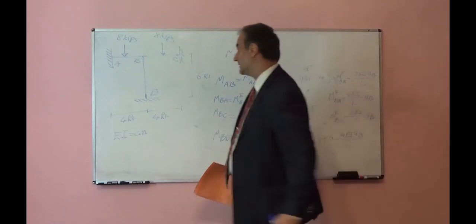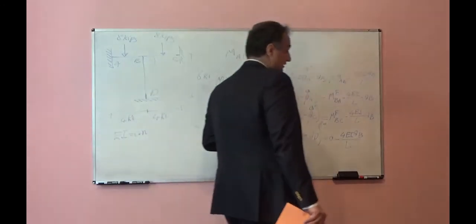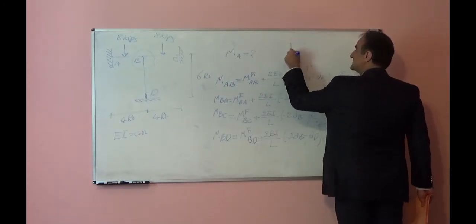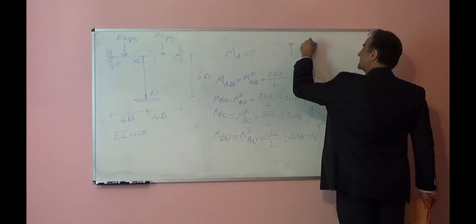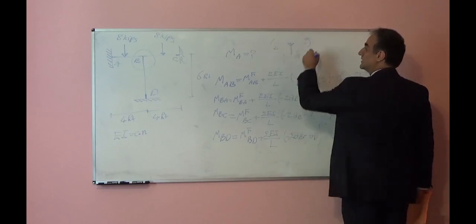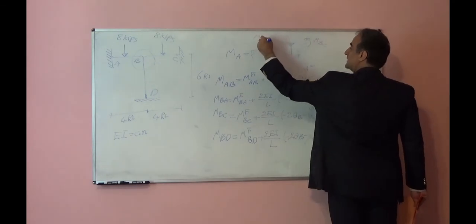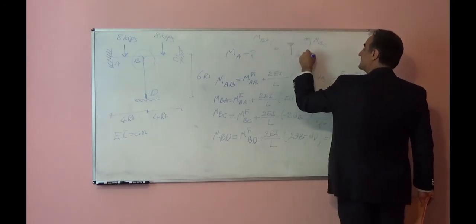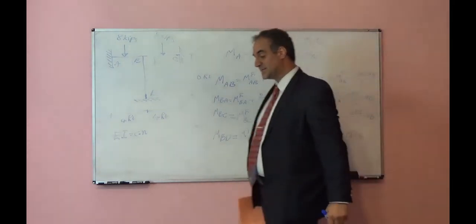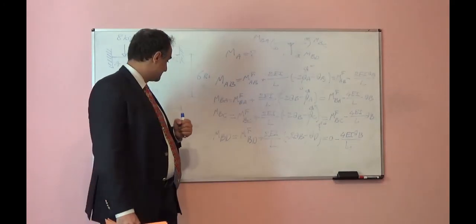Now, if we look at the equilibrium of joint B, it is a rigid joint. The summation of moments in this joint, MBC, MBA, MBD, should be equal to 0 in order to have that joint in equilibrium.